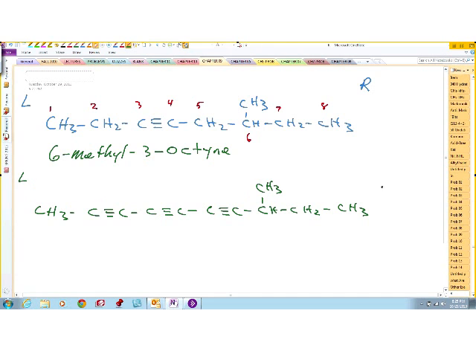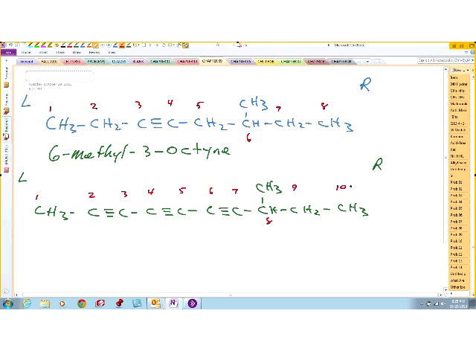Where do we start the numbering? From the left or from the right? From the left, okay? Because you want to assign the lowest possible number to the multiple bonds. So this becomes 1, 2, 3, 4, 5, 6, 7, 8, 9, and 10. So the base name for this will be decane.